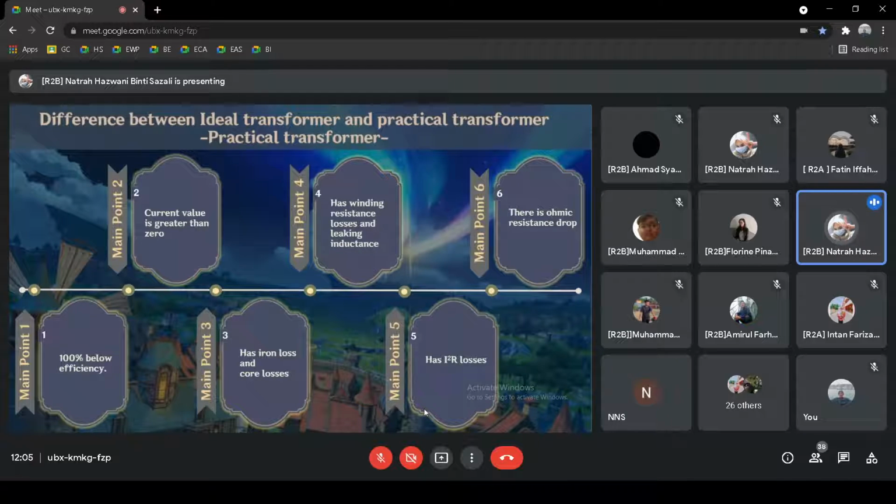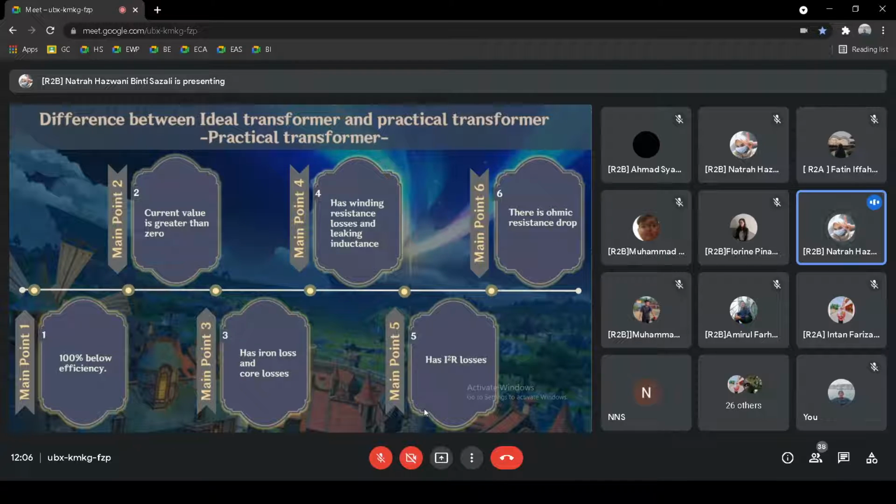Now let's see the third one, which has iron loss and core loss. This is because leakage inductance and winding capacitance are all actually distributed circuit elements.